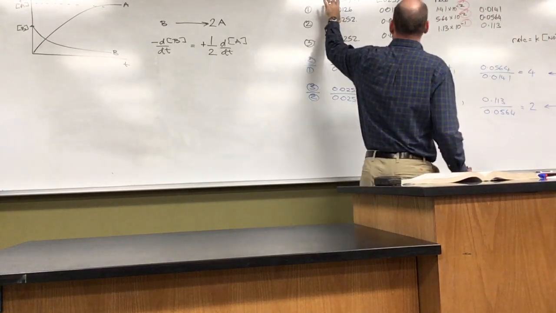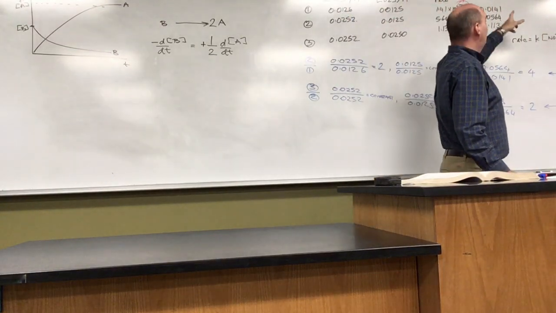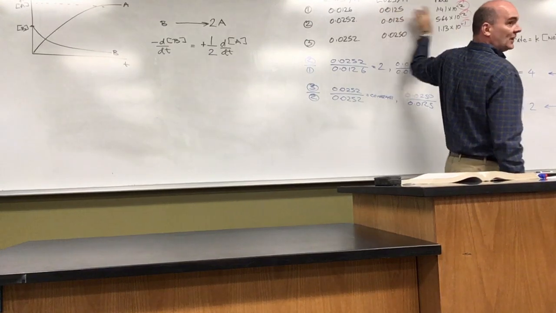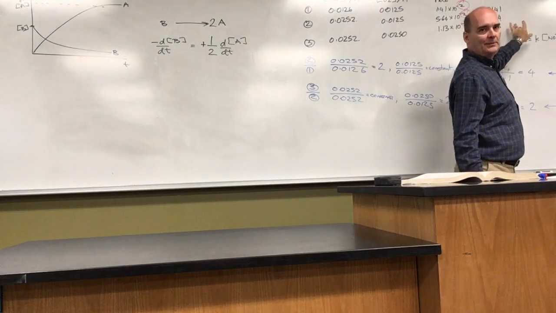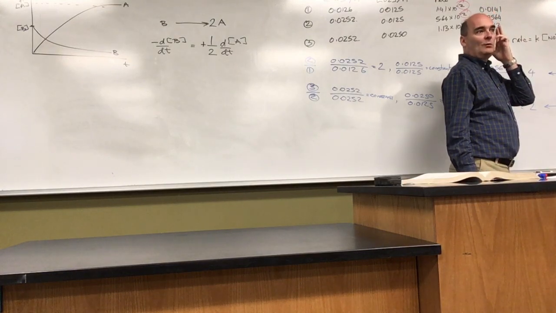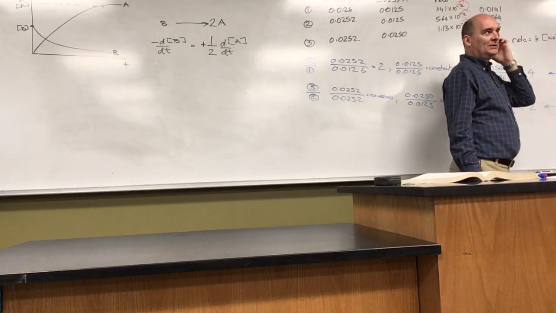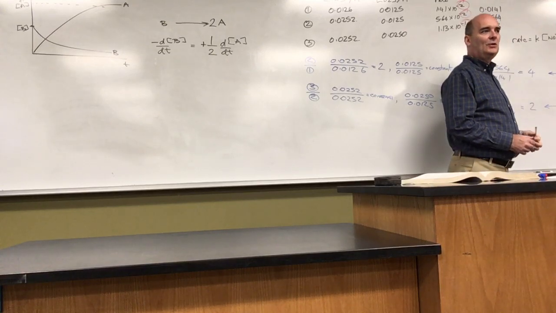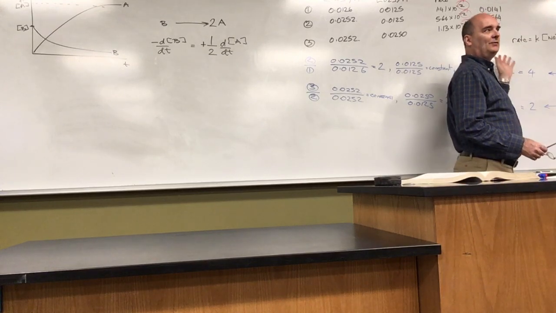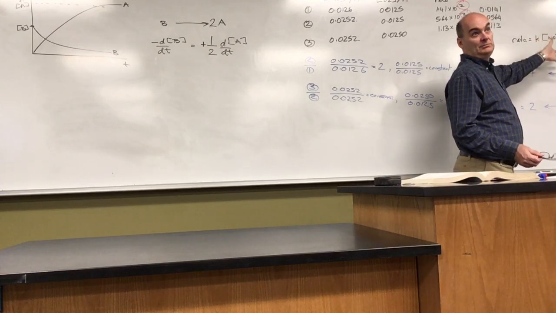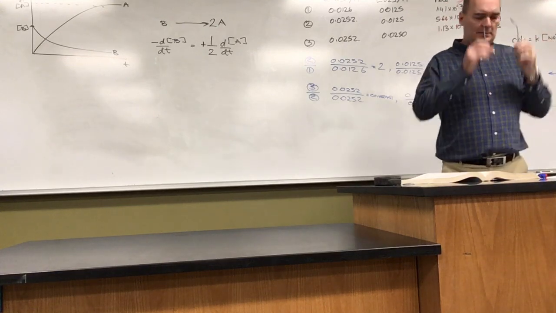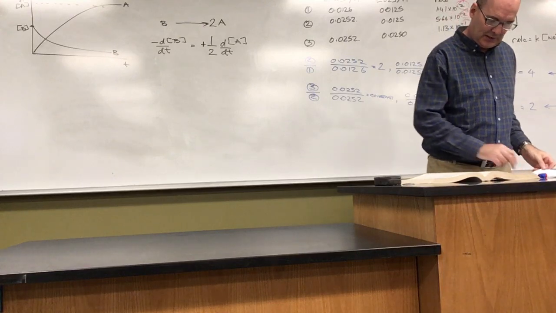And then use those numbers in it to find you a new column with K in it, and then another, and then do it again with these numbers, and then do it again with these numbers, and then take the average. Okay, it would be something that we might do in lab, but it's not something that I really think I need you to do on an exam. You do it in lab, and you find out, hey, that number is constant-ish within experimental error. Okay, I don't think I need you to do that in lecture.